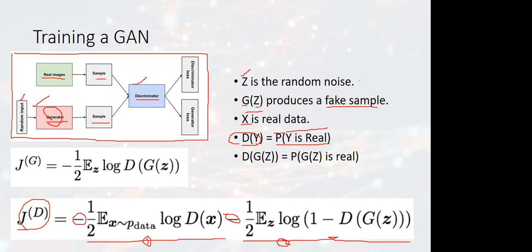But we want to maximize the probability that a variable is real, or maximize the probability that a variable is fake. So we are essentially trying to maximize something and not minimize something. Since neural networks minimize, we add a minus symbol, basically converting it to a maximization framework.